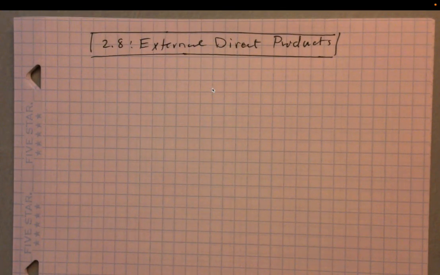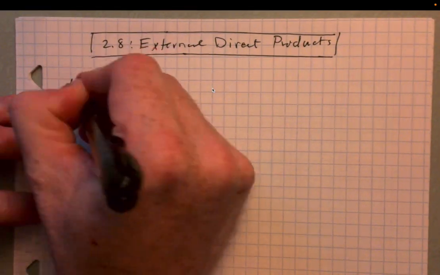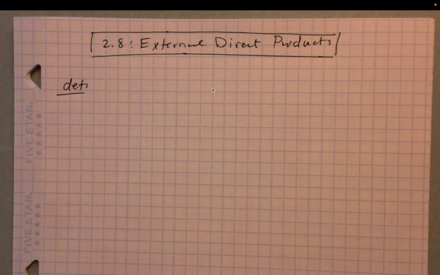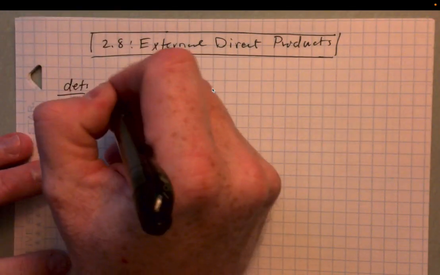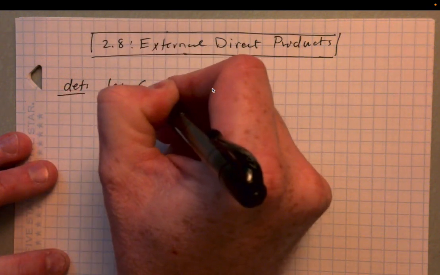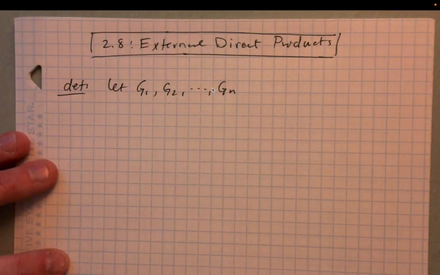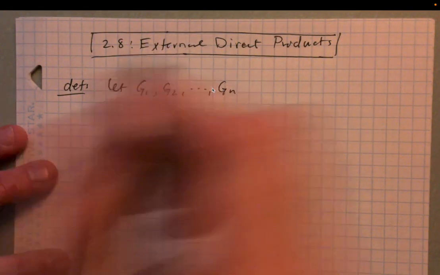We're going to start with just the definition. I think the definition is very straightforward, and if you've taken linear algebra, you will have seen this kind of thing before, though we didn't refer to it using the same terminology, so it will not be new to you. This will be the definition. Let G1, G2, through Gn be a finite collection of groups.